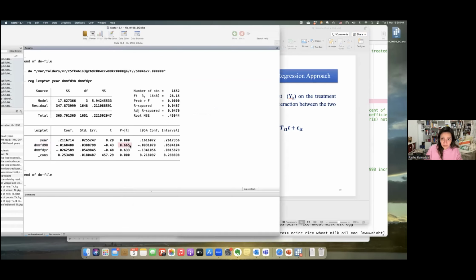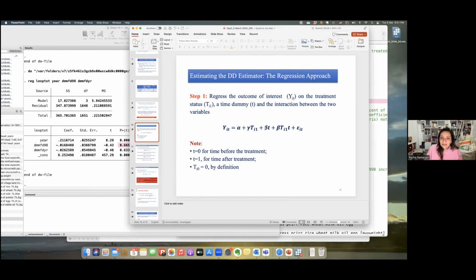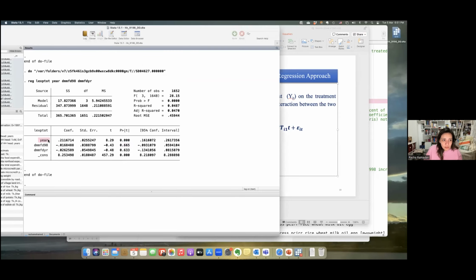And it is not significant, which means that being treated or being a participant in this program of microcredit would not affect my outcome of interest, which is the total expenditure per capita. Okay? The delta, which is the coefficient of the dummy of the year, corresponds to this coefficient.